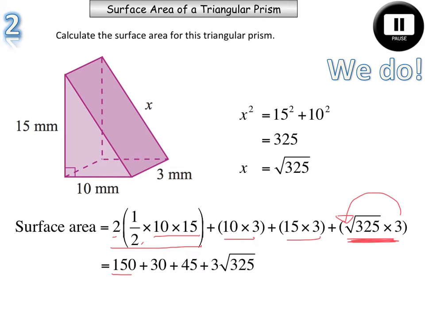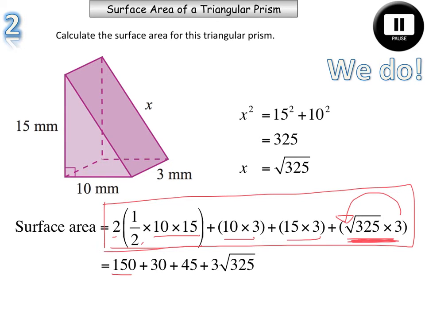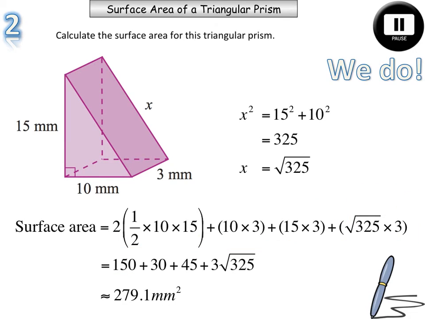It's like algebra. If you have x times 3, we write 3x. This is something very similar. You could just work this out on the calculator and get your answer. And your answer is 279.1 square millimeters, and that's rounded to 1 decimal place.